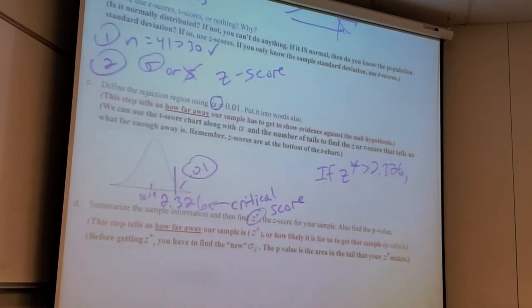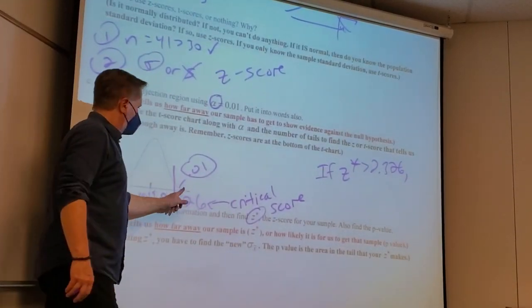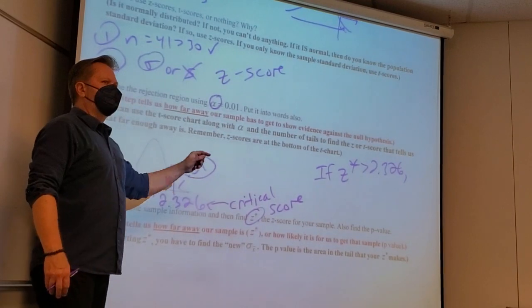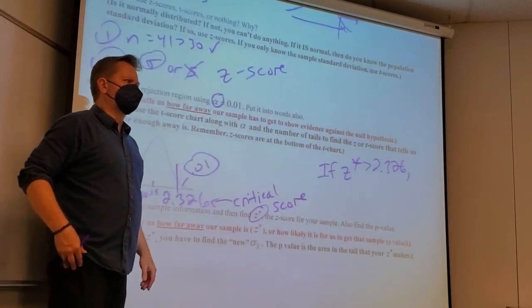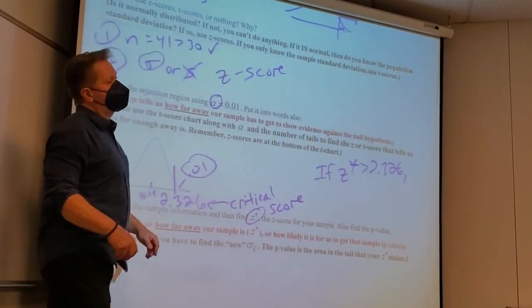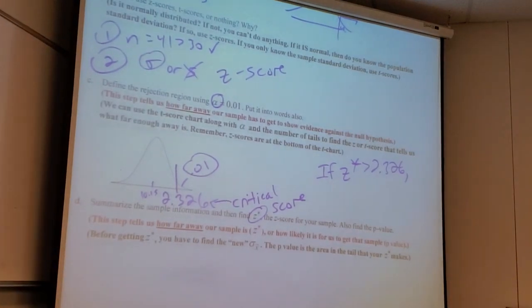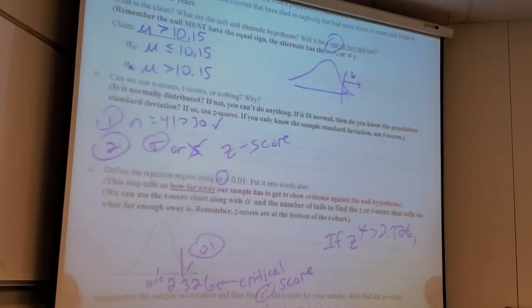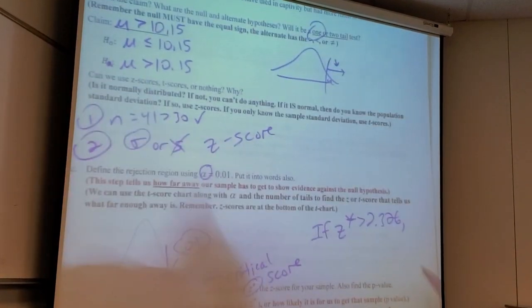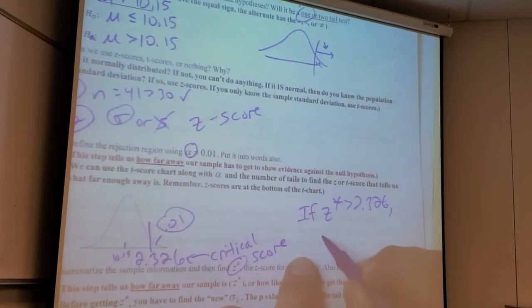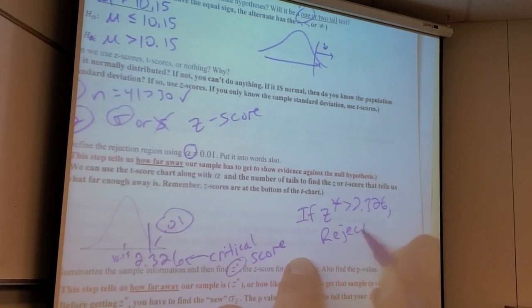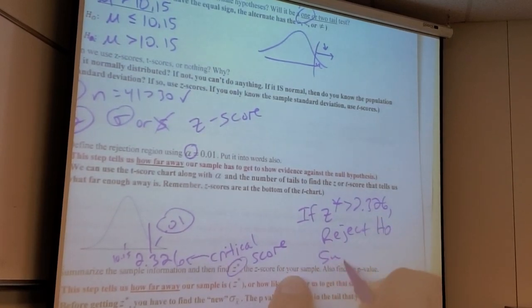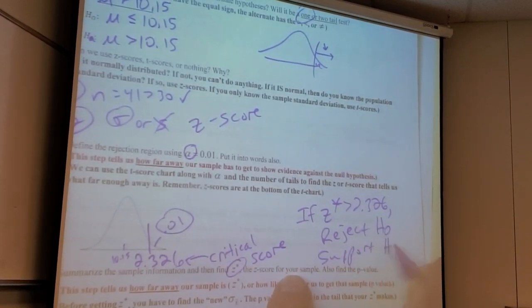If my sample shows up greater than 2.326, what does that mean? Who looks to be wrong in that case? Go ahead. If z-star is greater than 2.326, then the null is wrong. The null is wrong. I love it. So if z-star is bigger than 2.326, we can reject the null. We can support the alternative.